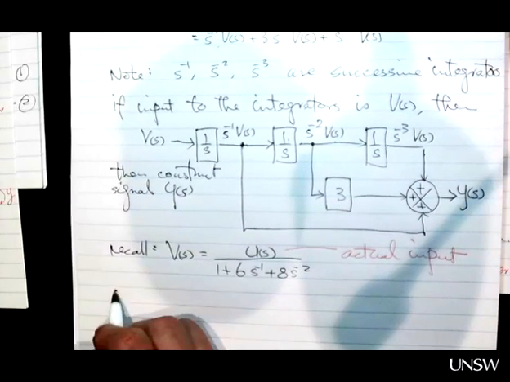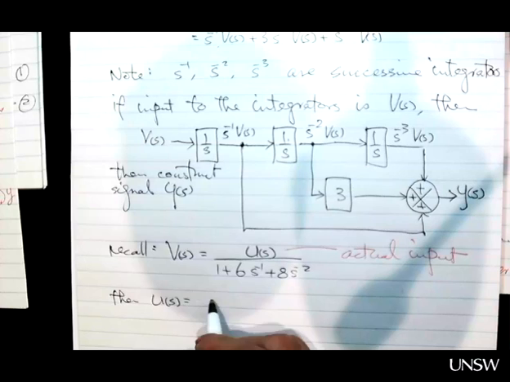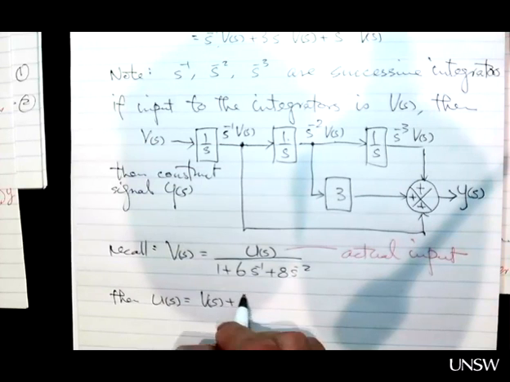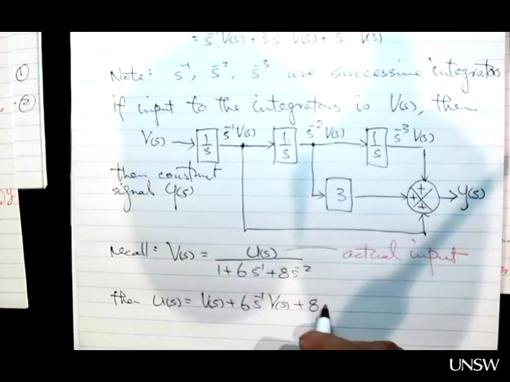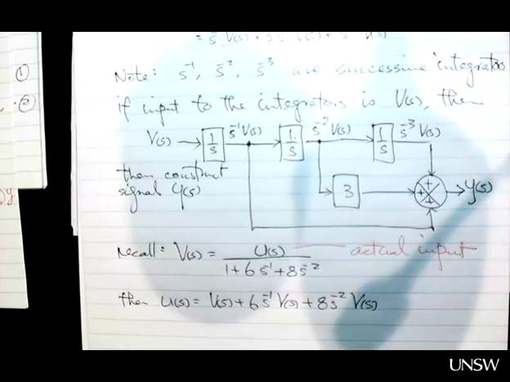Then U(s) equals V(s) + 6s^-1 V(s) + 8s^-2 V(s). Okay, we just put the denominator to the left hand side.